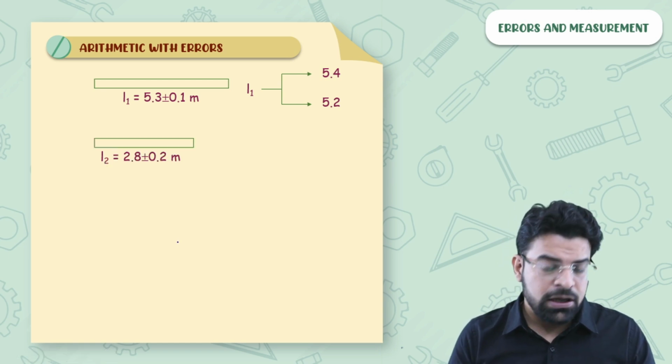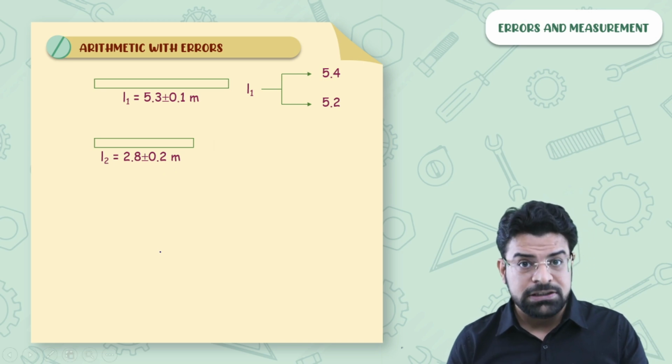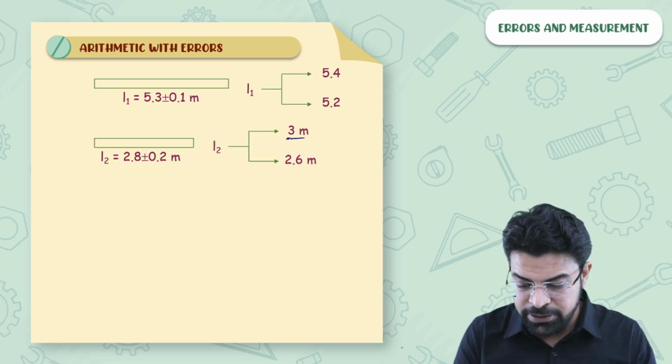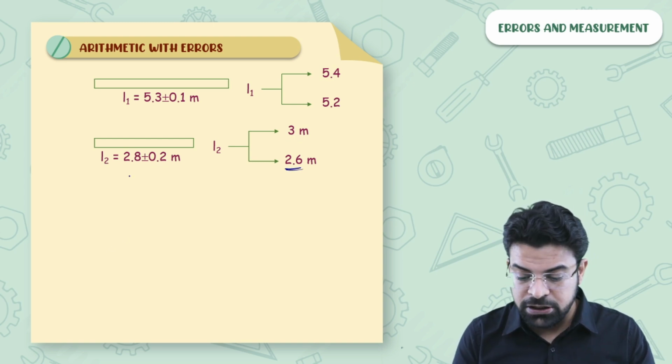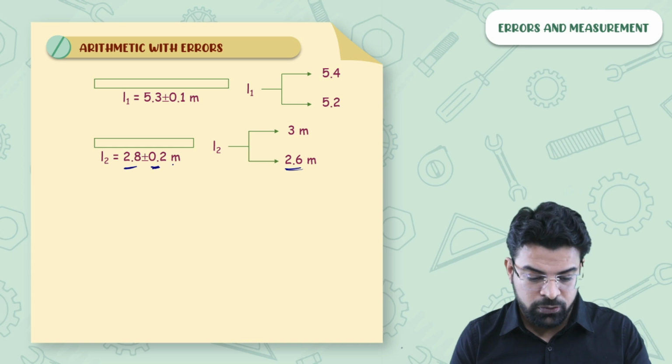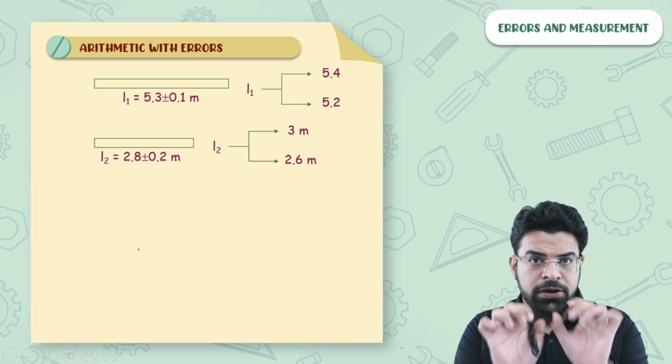Let's say we have another rod of length 2.8 plus minus 0.2 meter. So the length of the second rod can be anywhere between 3 meter, 2.8 plus 0.2, and 2.6 meter, that is 2.8 minus 0.2. Now let's say we place both the rods end to end.